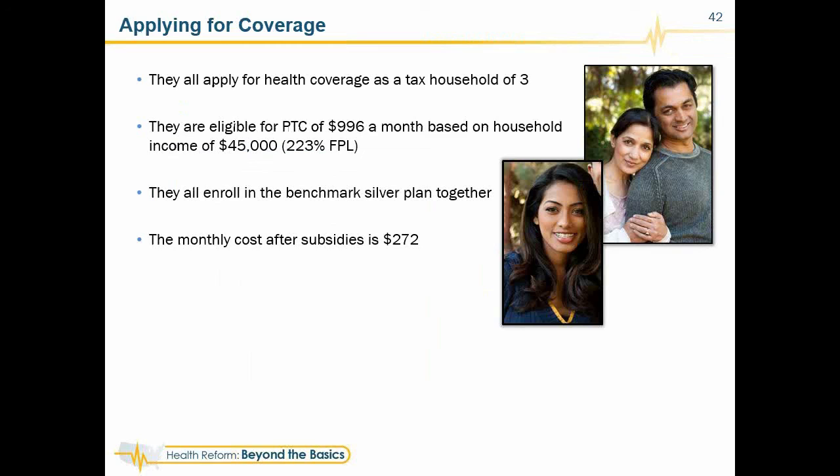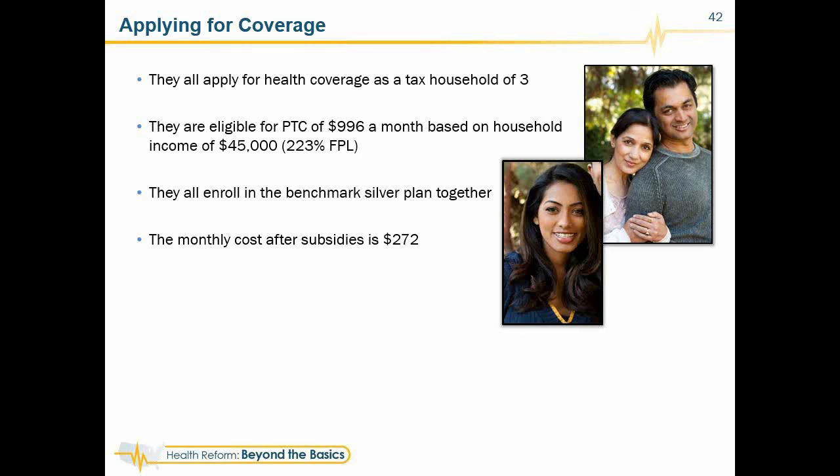Okay, well that's good news, because that means we're doing one application instead of two. And they all apply for health coverage. They're a tax household of 3, because they're all in the same house, for purposes of the application. Based on their income, Katie doesn't have a tax filing requirement based on her very little income.